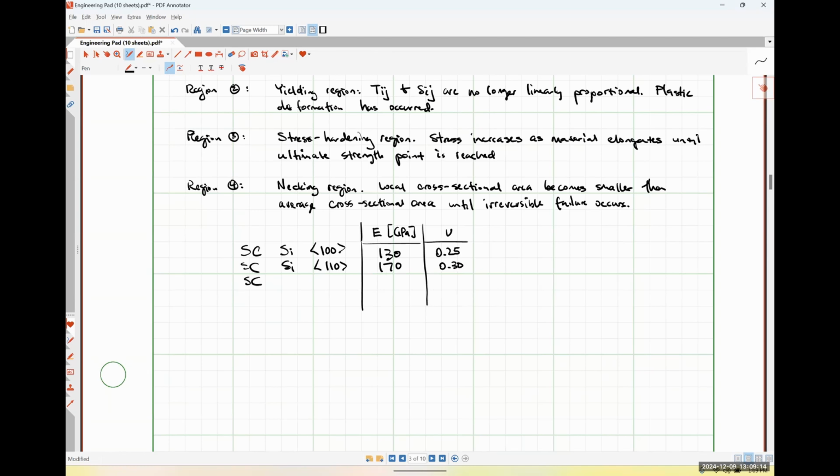For single crystalline silicon in the 111 family of planes, that's 189 for Young's modulus, 0.36 for Poisson's ratio. And lastly, for polycrystalline silicon, we have 160 for Young's modulus and 0.25 for Poisson's ratio.